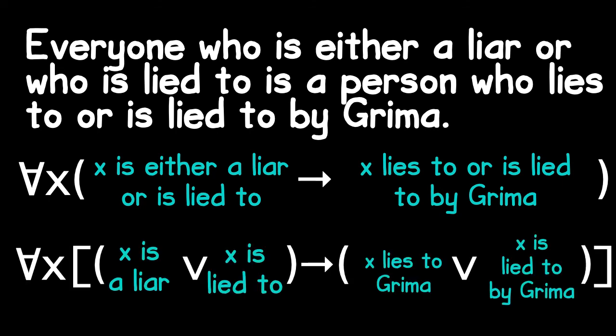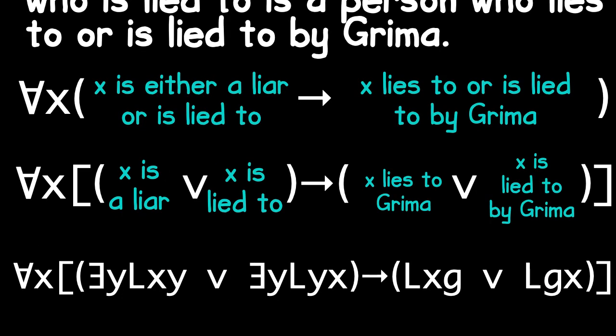Now we look at each side of the conditional. Each one is a this or that, and we can translate those as disjunctions. Translating each of those, we finally get for all x, parentheses, exists y, LXY, or exists y, LYX, close parenthesis, arrow, parentheses, LXG or LGX, close parentheses, close parentheses.